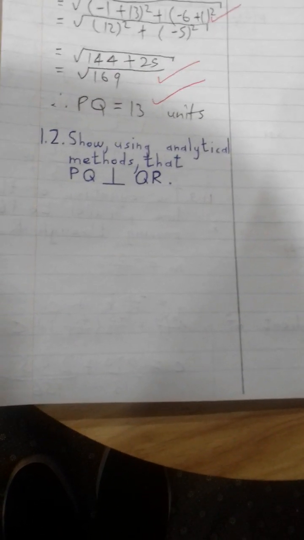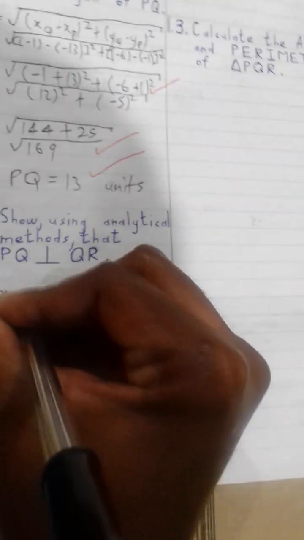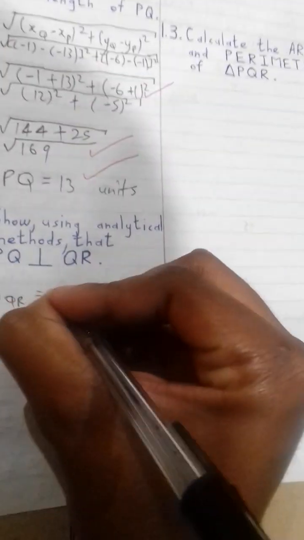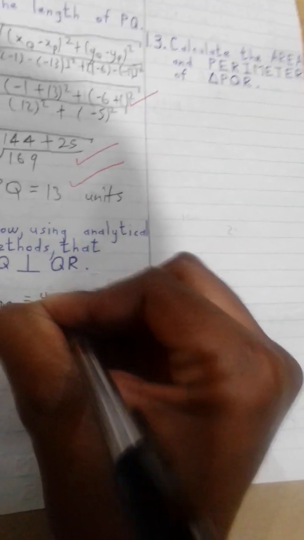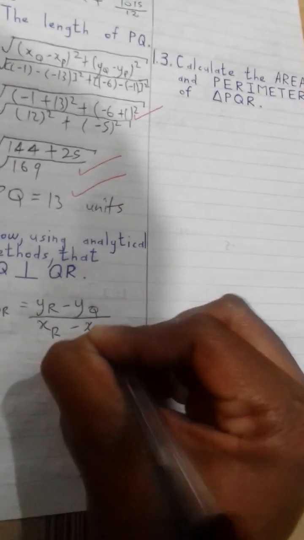1.2 states, show, using analytical methods, that PQ is perpendicular to QR. So we have the gradient of PQ, negative 5 over 12. Now we need to calculate the gradient of QR. So the gradient of QR is YR minus YQ over XR minus XQ.